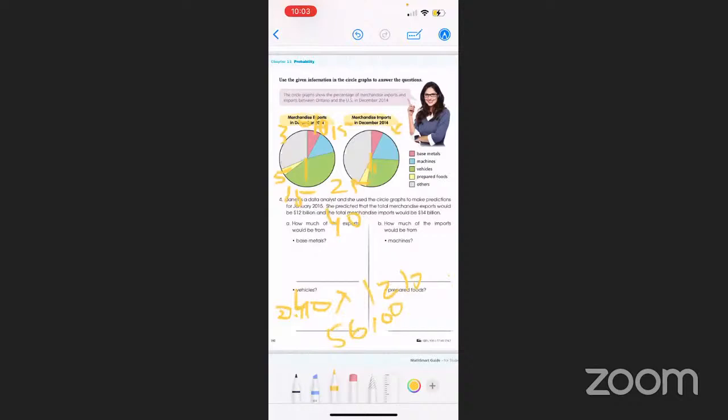So that would be 1, 2, 3, 4, 5, 6. So this is the amount of vehicles being produced, okay? Good. This is the same thing you would have to do for the second one. So can you start working on the second one? Thank you. No problem.